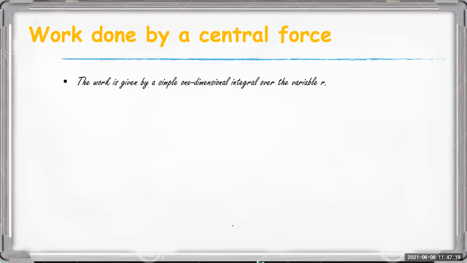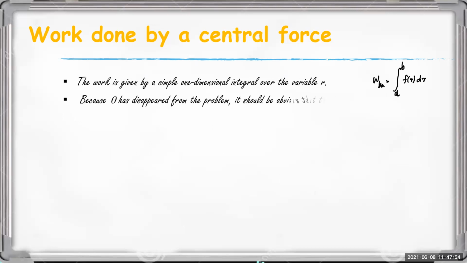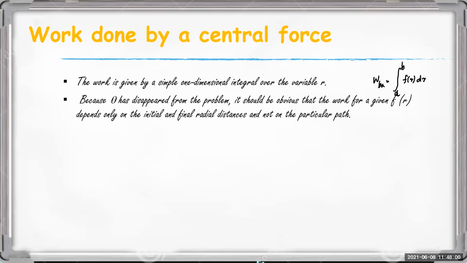So we obtain the work as a simple one-dimensional integral over the variable r. We have got the work WBA is equal to integral A to B F of r dr. Here the reason is theta has disappeared from the problem.